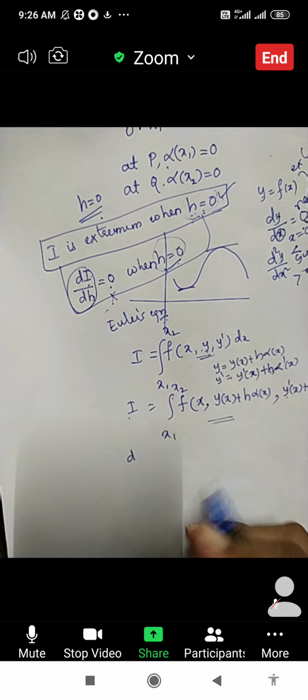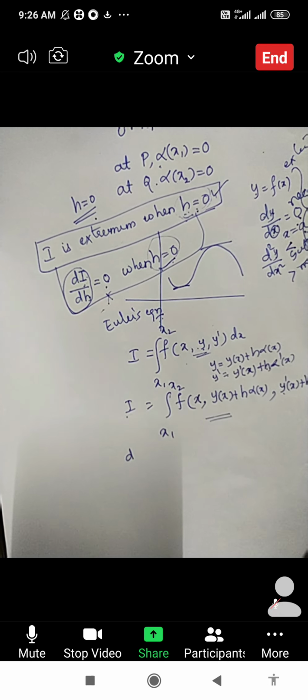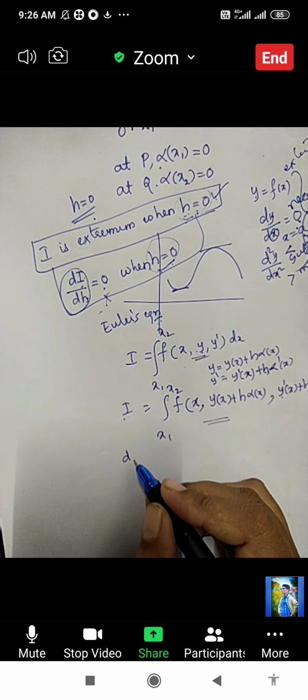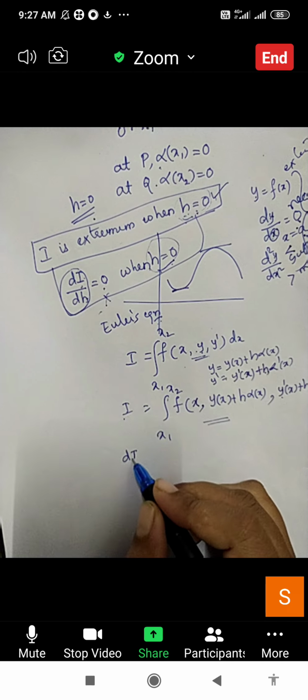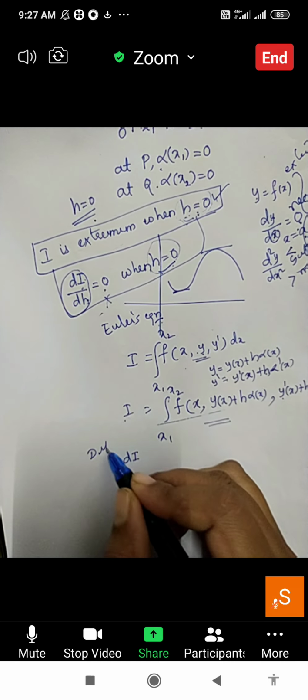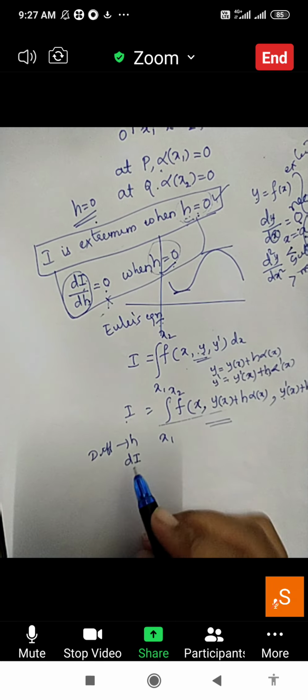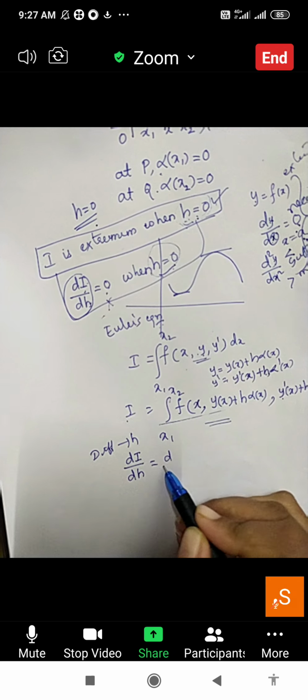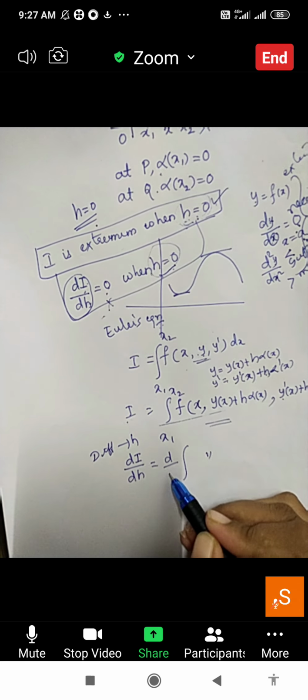What operation do we have to apply? Differentiation with respect to what? You are differentiating with respect to h. So this is the derivative of this integral with respect to h.